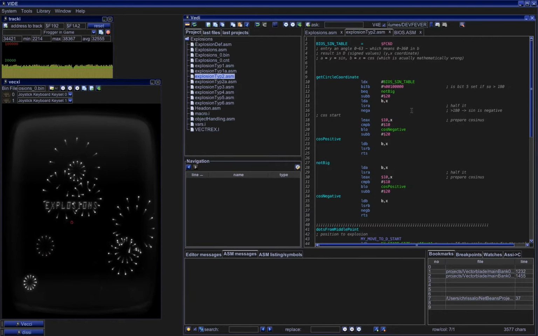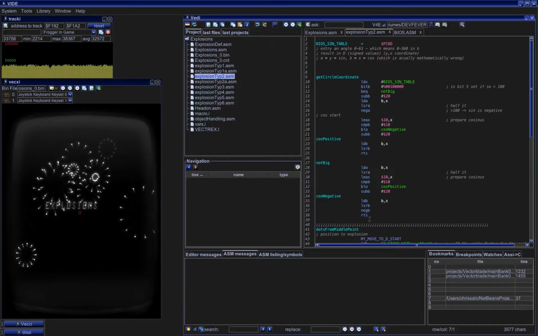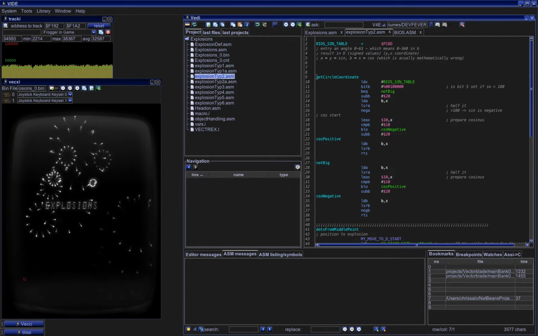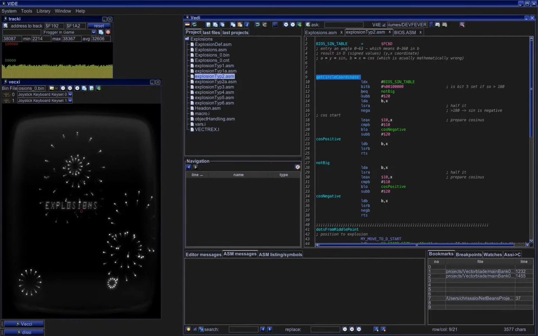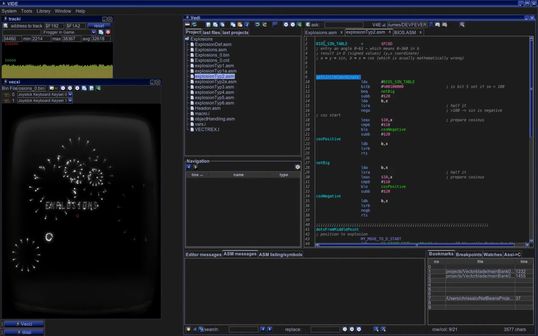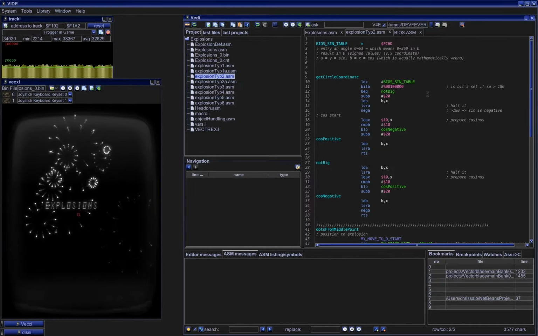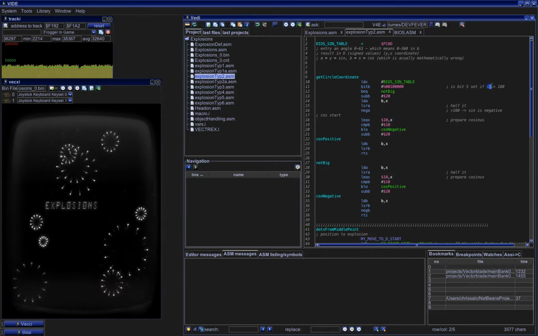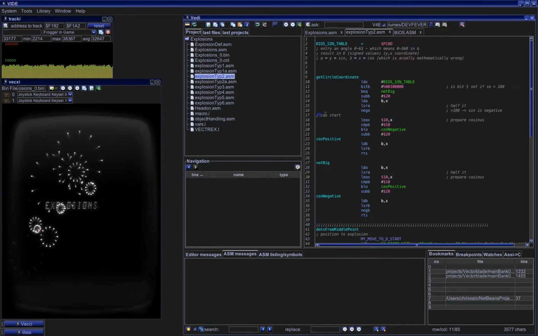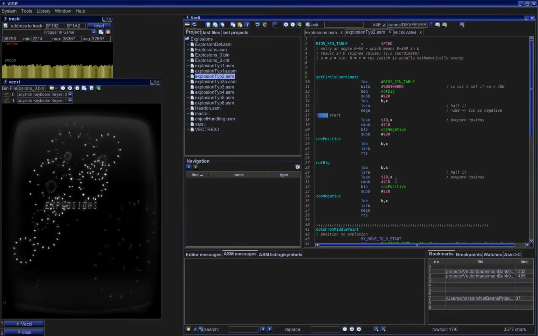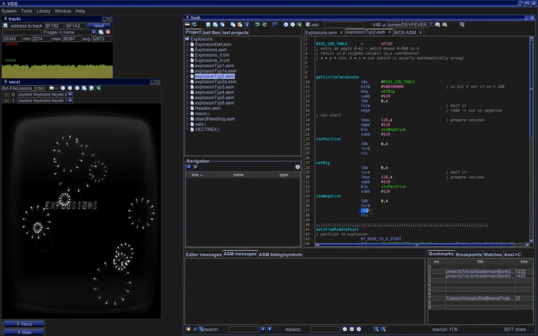Anyway, what I did was write a little function, get circle coordinates. It uses the BIOS sine table and just checks if the angle is greater than 180. Is this cosine? Is it sine? If so, in the second half you have to negate the values.